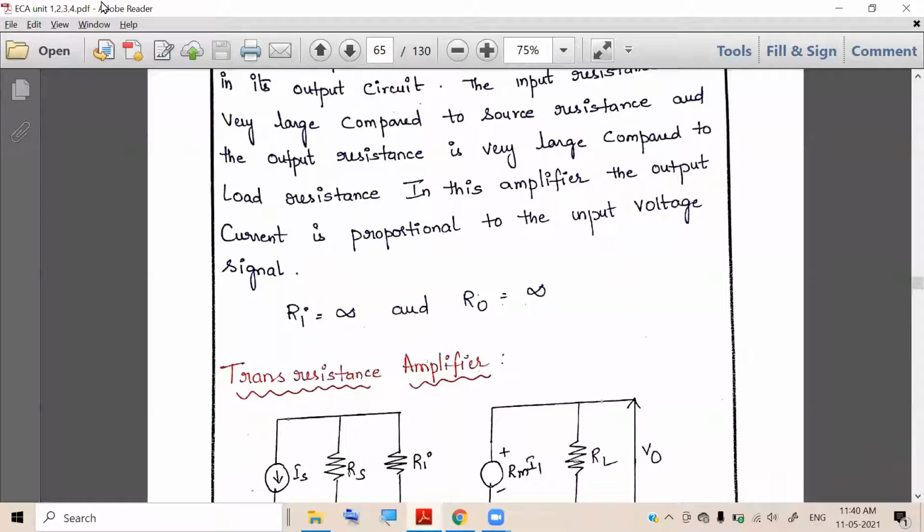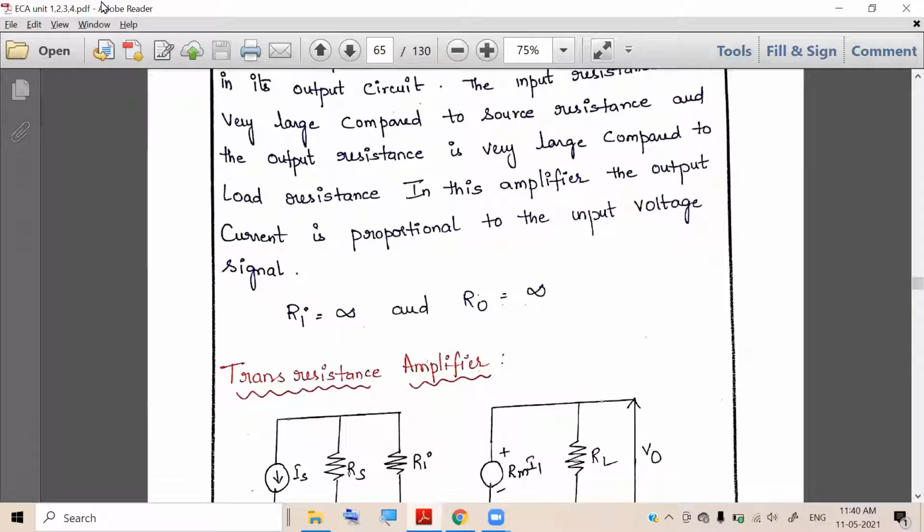See, the transresistance amplifier. Resistance, you know very well, is voltage by current.